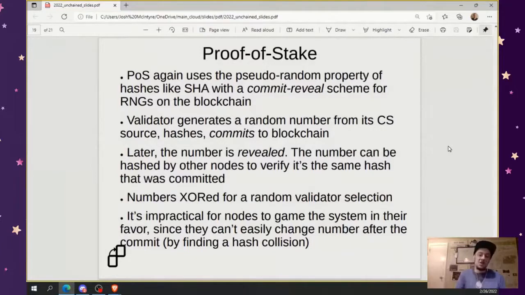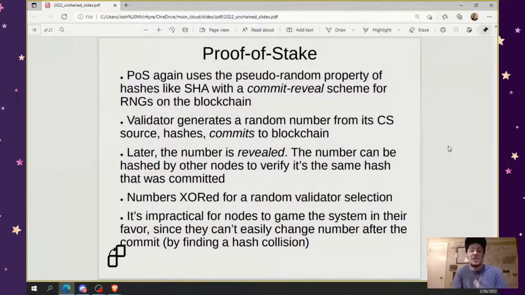Once they commit a hash to the blockchain, they're not going to be able to go back on their word, because all the other validators will say, if you try to come up with some other random number that gains the selection in your favor, you're not able to change the hash. It's not practical to find a hash collision with any modern cryptosecure function.